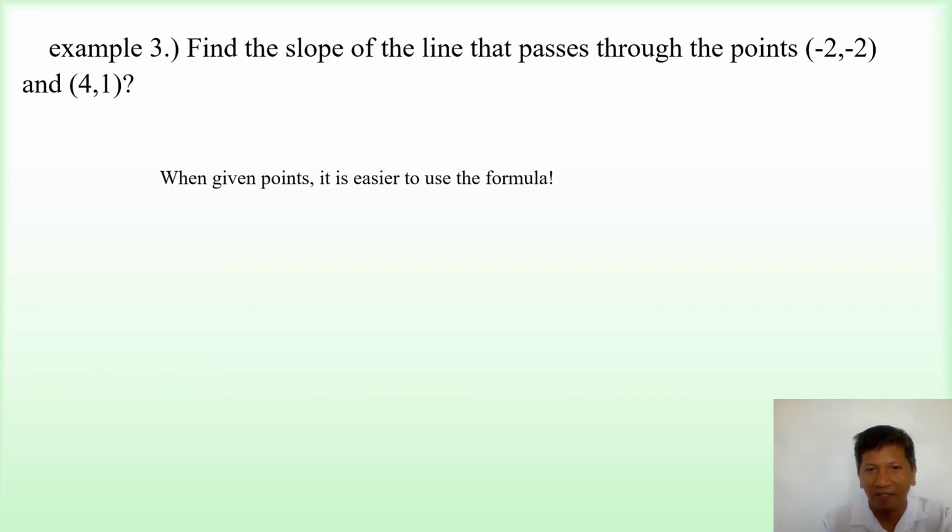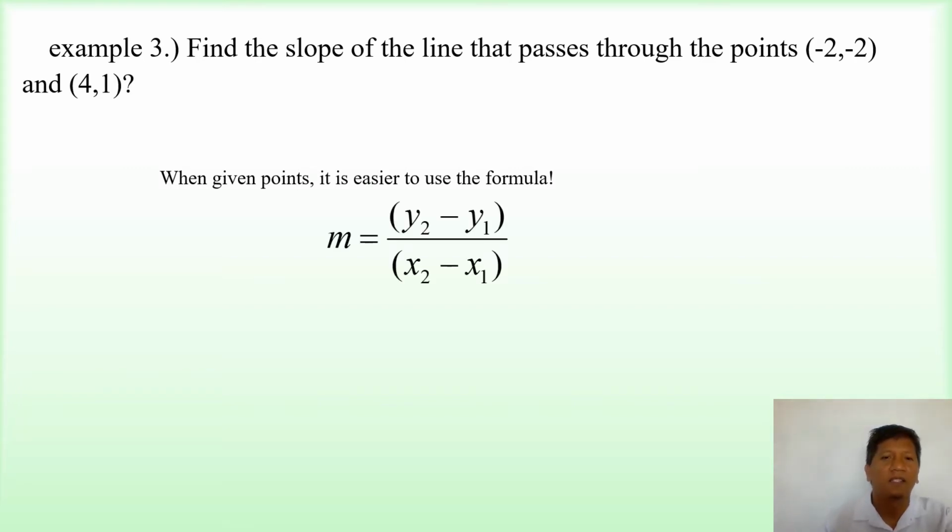Anyone? Okay, correct. That is y sub 2 minus y sub 1 over x sub 2 minus x sub 1. Naintindihan? We're going to use this formula for us to get the slope of these 2 points.